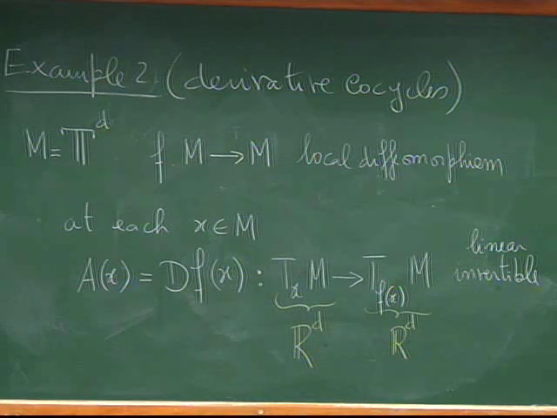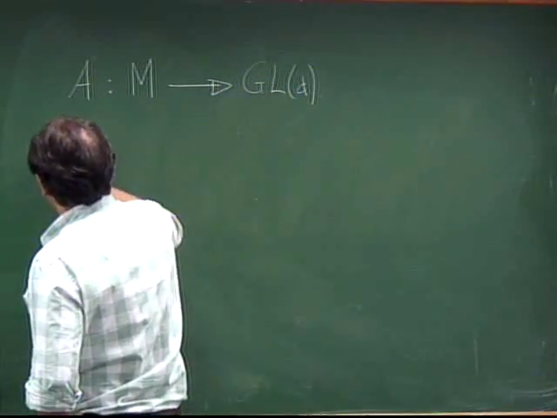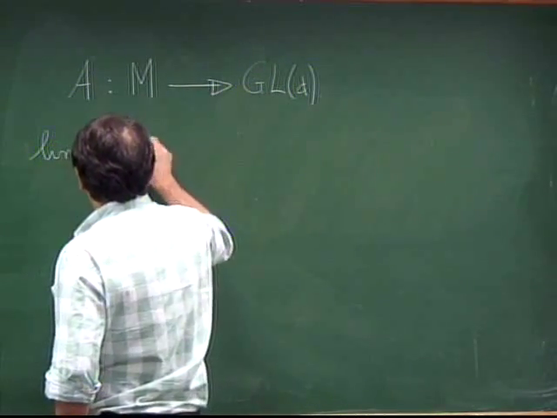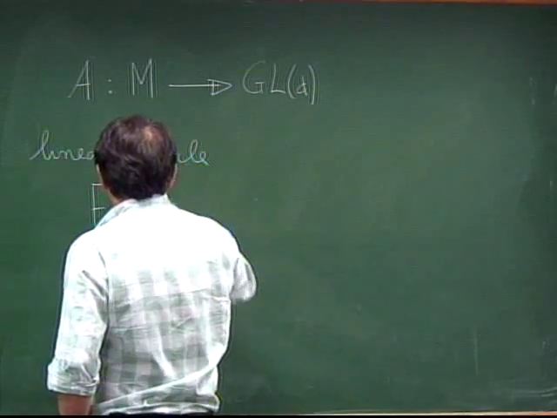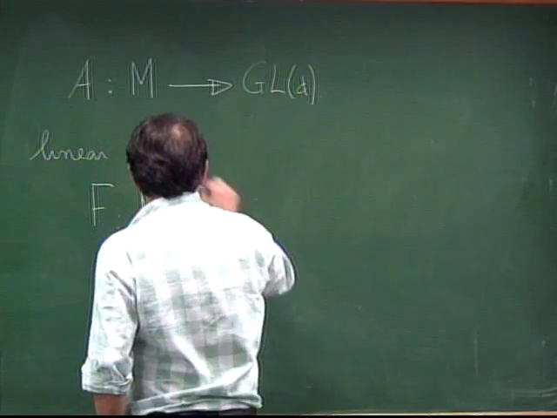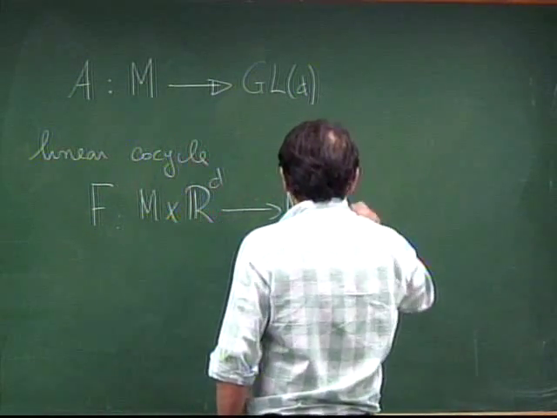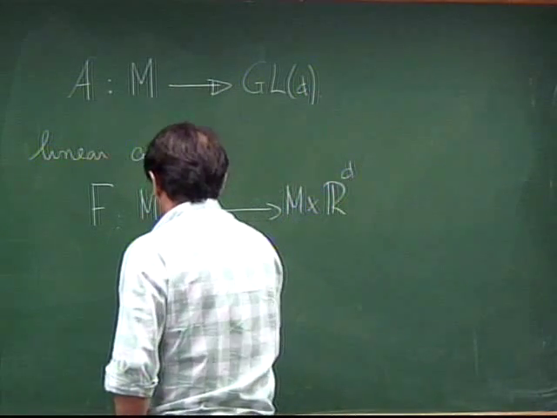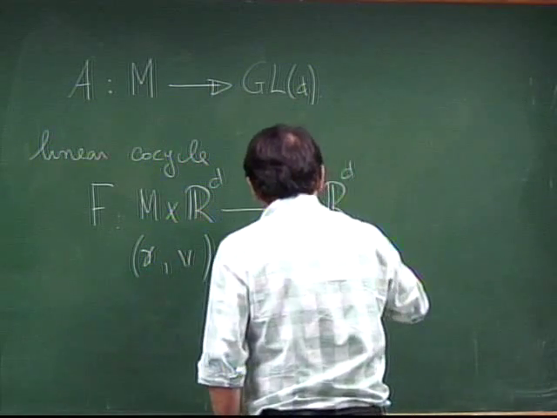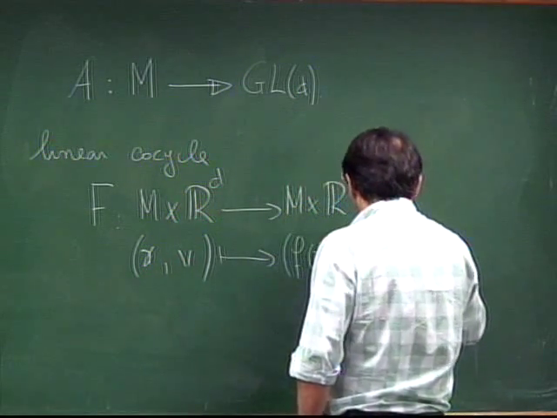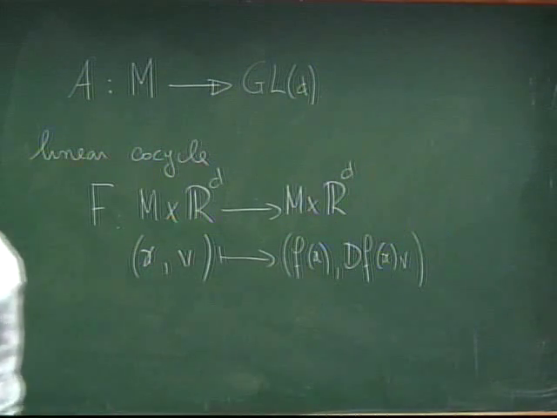So you can consider the corresponding cocycle. The linear cocycle associated is the map F from M times Rd to M times Rd that sends (x, v) to (f of x, df of x applied to v).